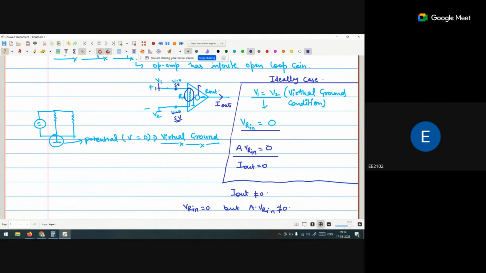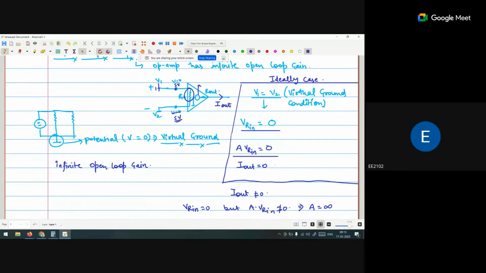In that scenario, we assume that A should be infinite. A should be infinite. That's why we call it the infinite open loop gain.